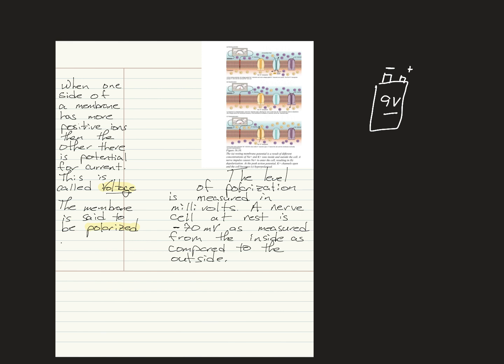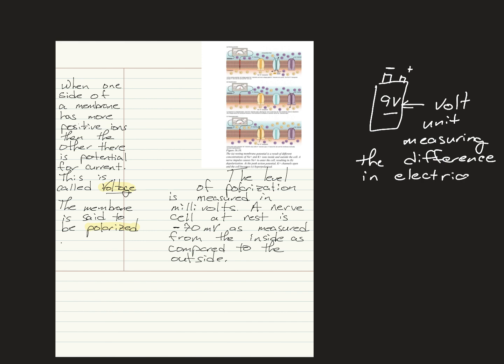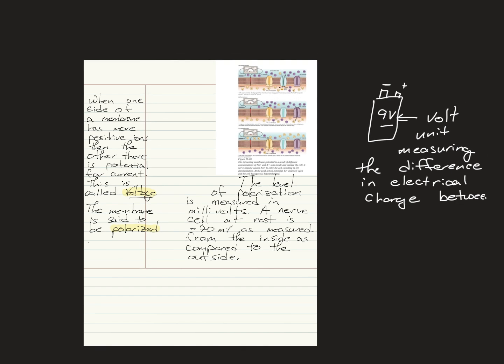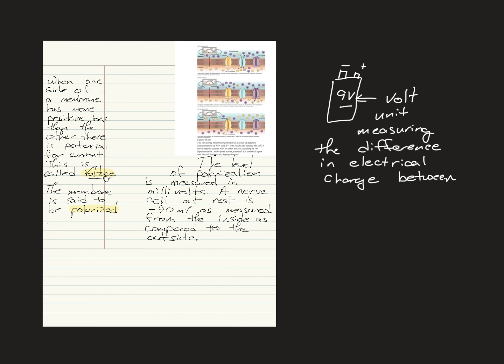What that means is that V means volt, and a volt is a unit measuring the difference in electrical charge between 2 sides. It's not going to be on any test, but if you don't understand it, it's going to confuse you later.